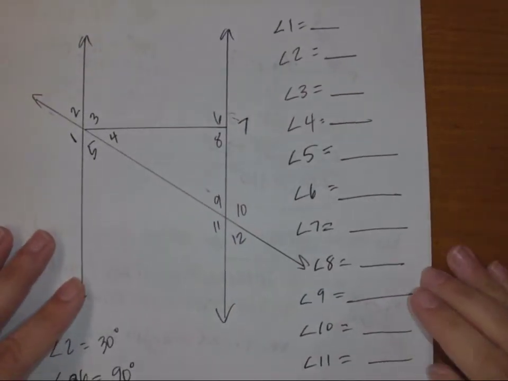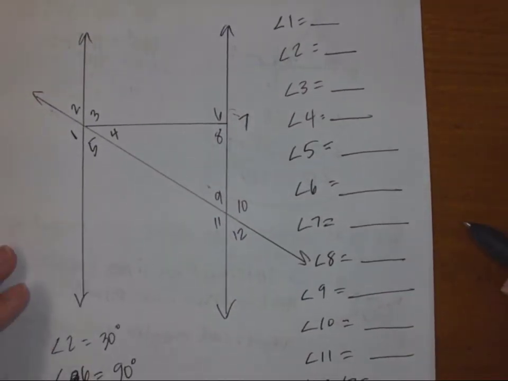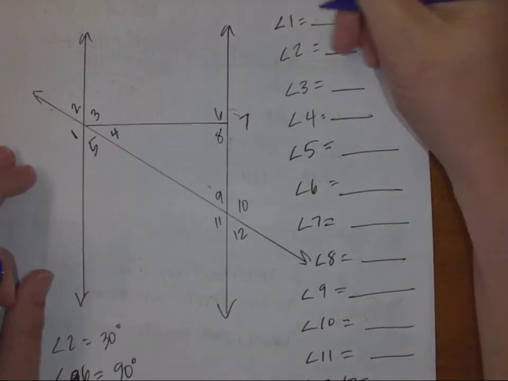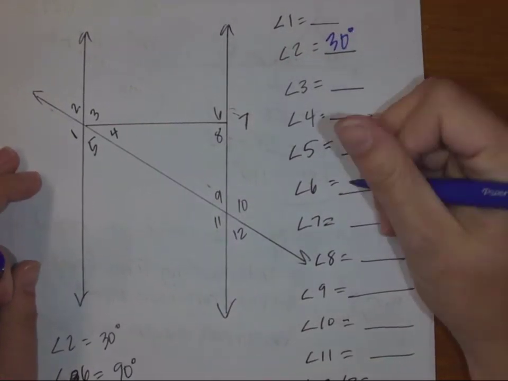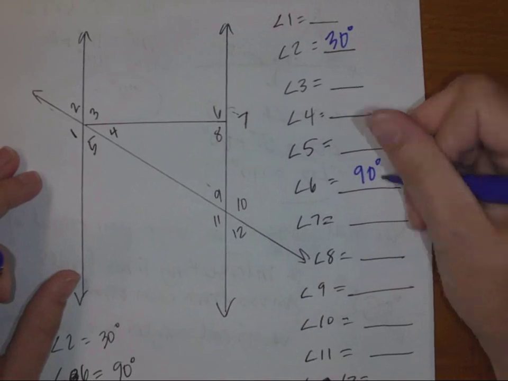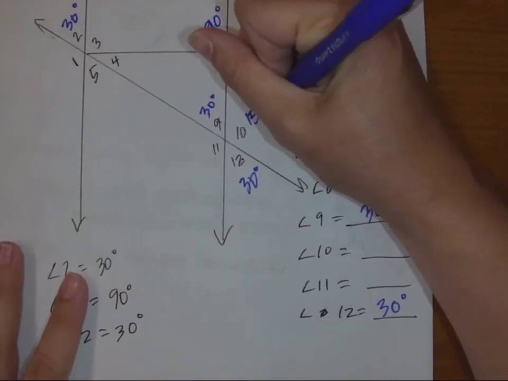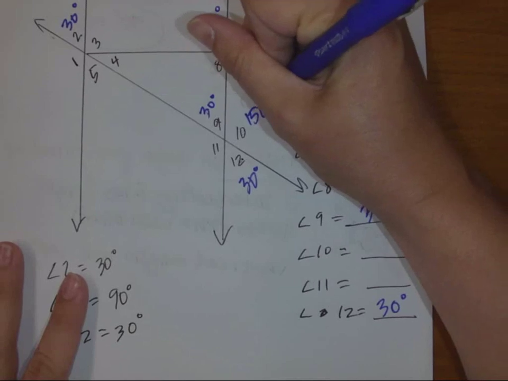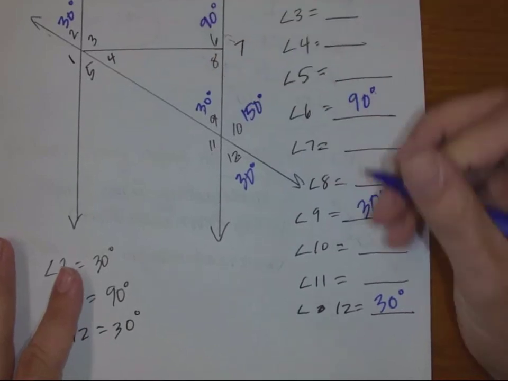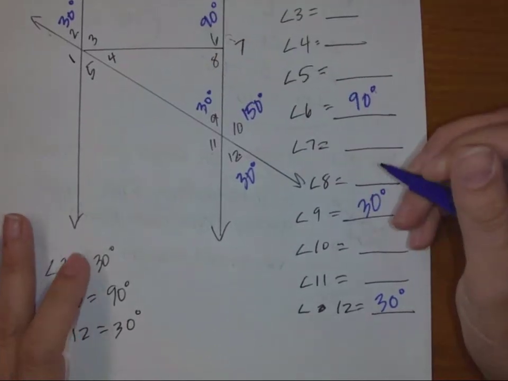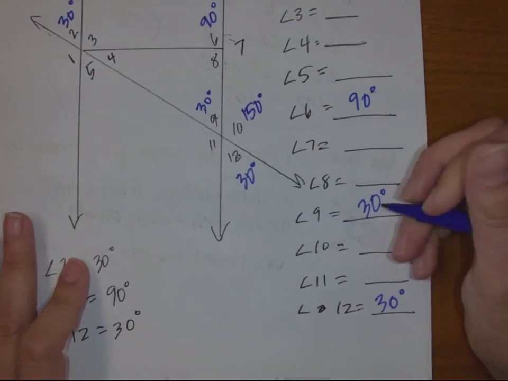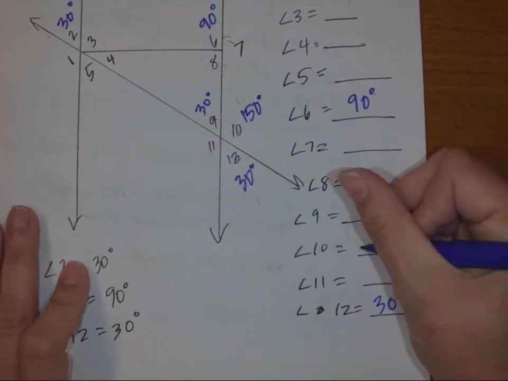The way you figure that out is, if you'll notice, this is a triangle right here. That tells me that these 3 angles add up to be 180. So to find angle 4, I need to do 180 minus 90 minus 30, and that gives me 60 degrees.